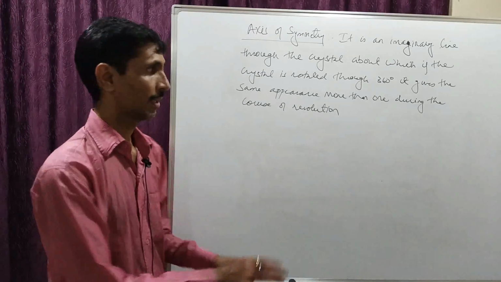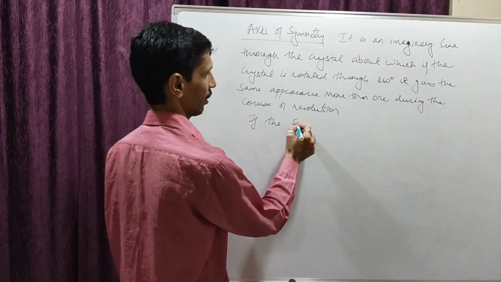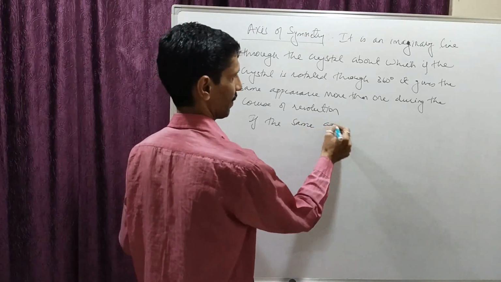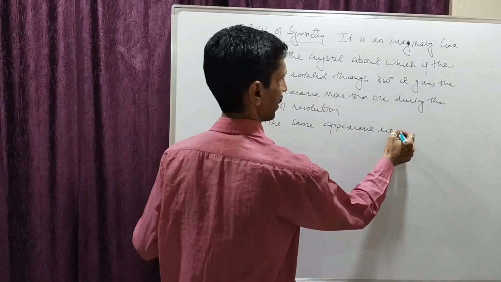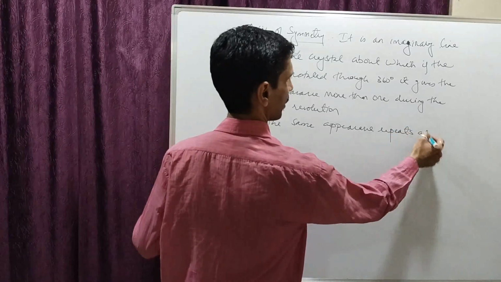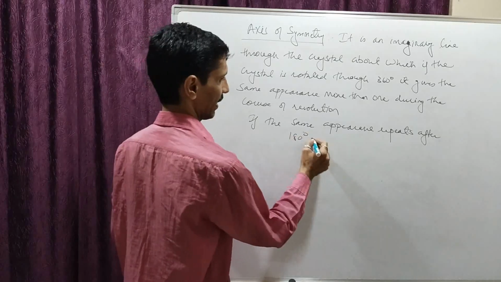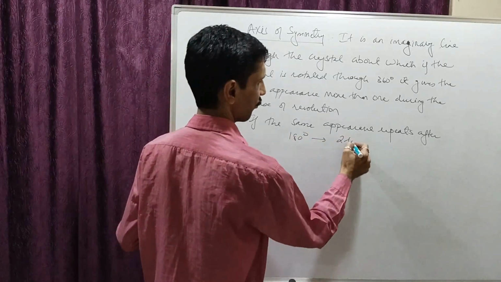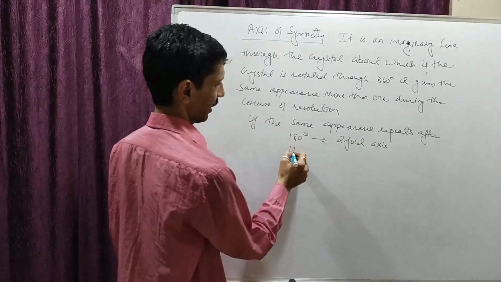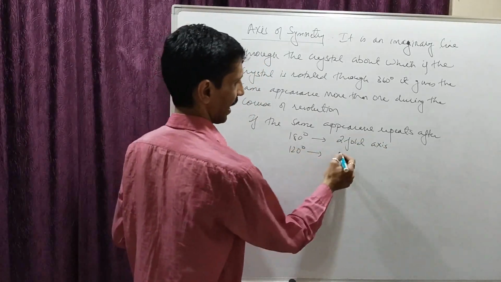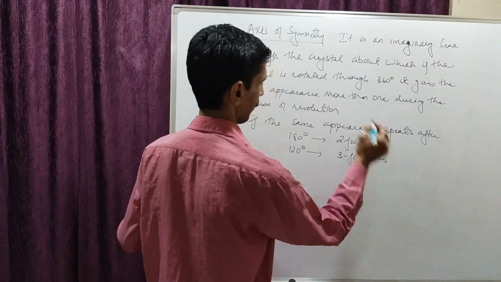So that means if the same appearance repeats after the rotation through 180 degree, then I call it a twofold axis of symmetry. If I rotate it through 120 degree, I call it a threefold axis of symmetry.